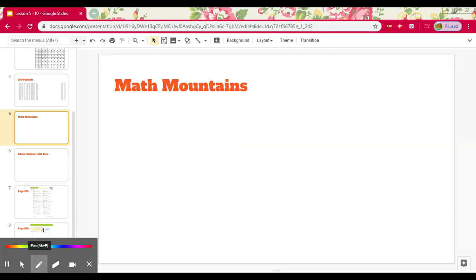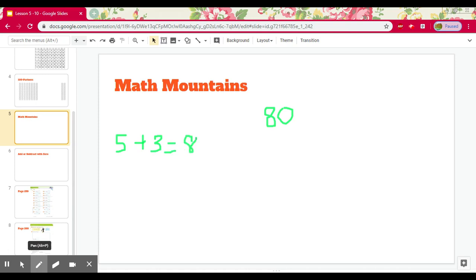Let's make a Math Mountain for the decade number 80. I know that because 5 plus 3 equals 8, the partners for 80 are 50 and 30. As you can see, the base numbers in 80, 50, and 30 are like what we see in 5 plus 3 equals 8.